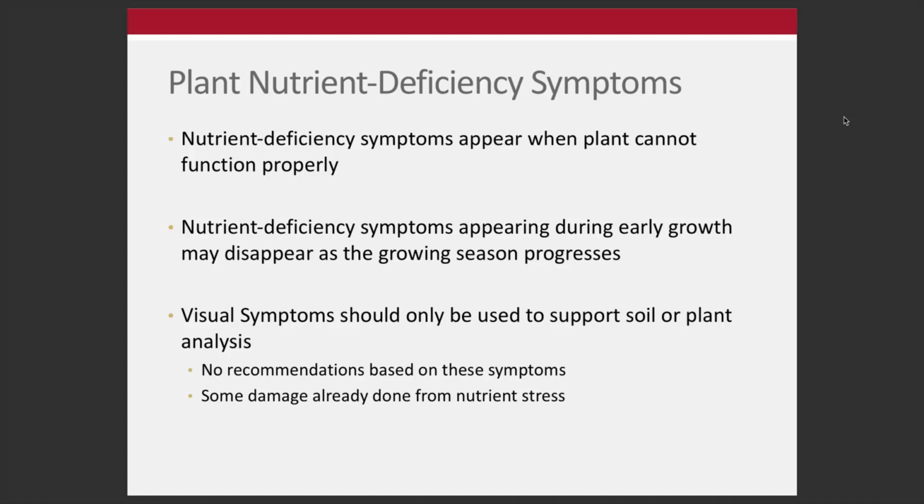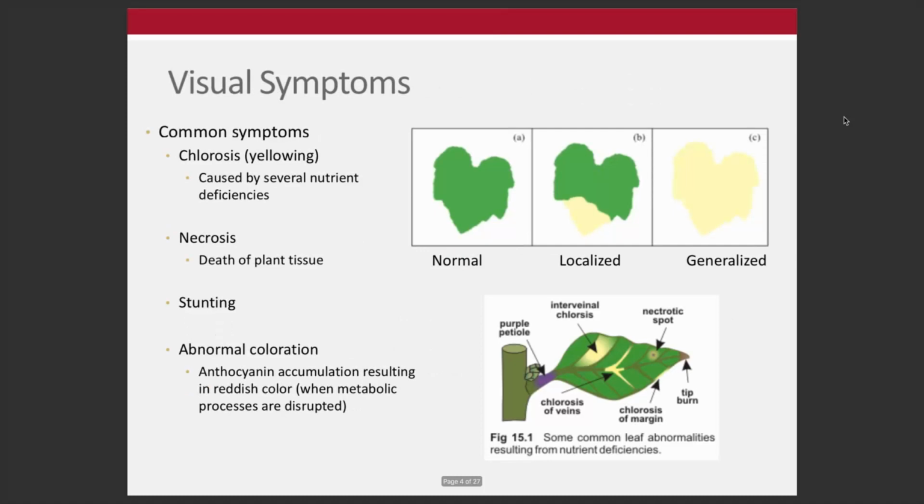Visual symptoms are really nice guides to tip us off in terms of what is happening with that plant. But again, we like to think of that as not the end piece, but just helping point us in the right direction, and then that would be confirmed with follow-up plant analysis.